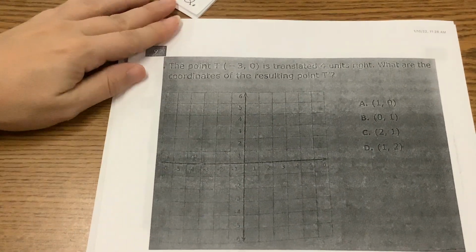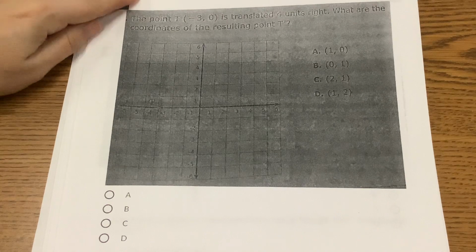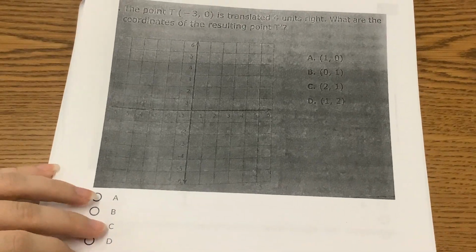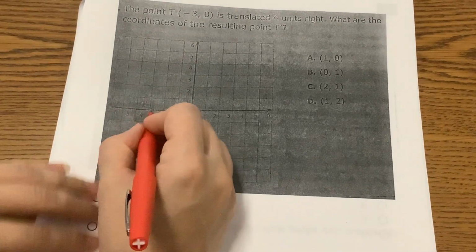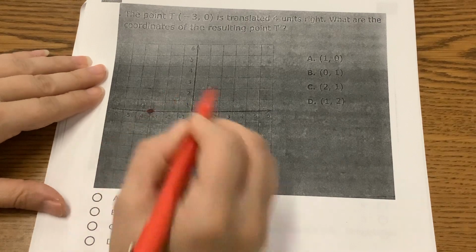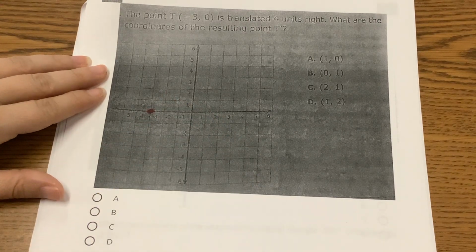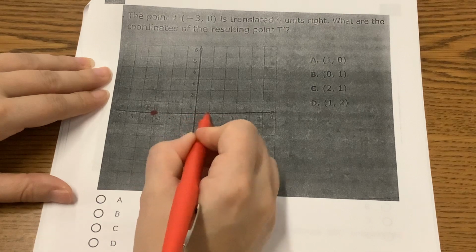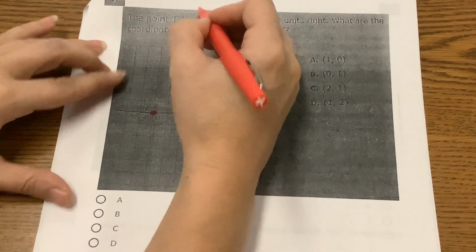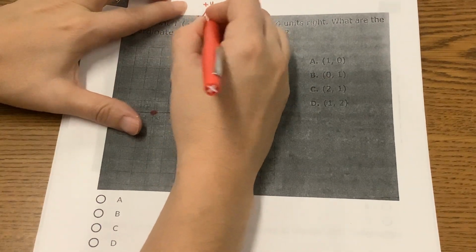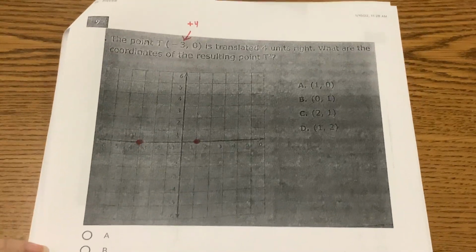Ooh, for number 9, this was a really bad copy. All right. The point -3, which is right here, is translated 4 to the right. So we just move 4 to the right, or we just add 4 to that -3, which would give you 1.